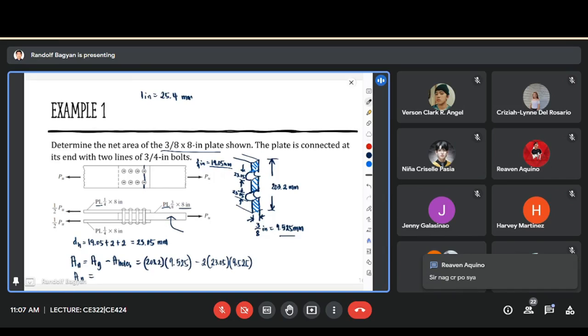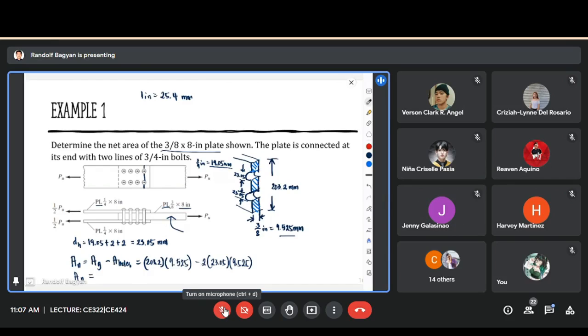Mr. Aquino, nandyan ba? Sir, nag-CR po siya. Okay, yung asawa niya siguro yun. Anyone, Miss Galasinaw. Sir, wait.